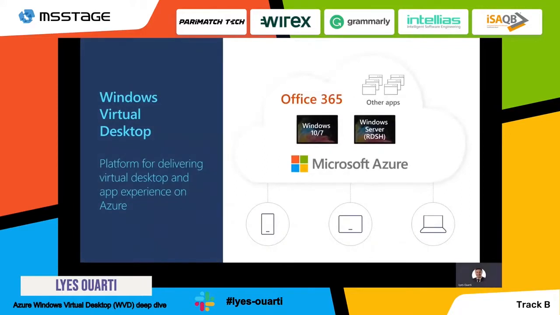So this is the service that we have on Azure. Very innovative. It is very easy to deploy, and it can scale rapidly. You can deploy literally thousands of VMs and scale to multiple thousands of users in a very short time.